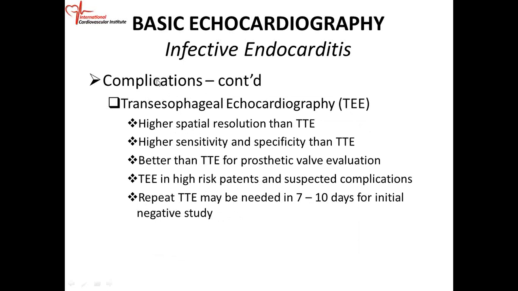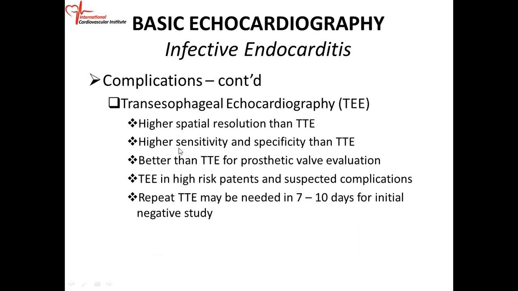So again, if you suspect complications, you definitely want to do your transesophageal echo, because it has higher spatial resolution than your transthoracic. Remember, when we talk about spatial resolution, we talk about axial and lateral resolution, so you can see tiny vegetation much better with your transesophageal.